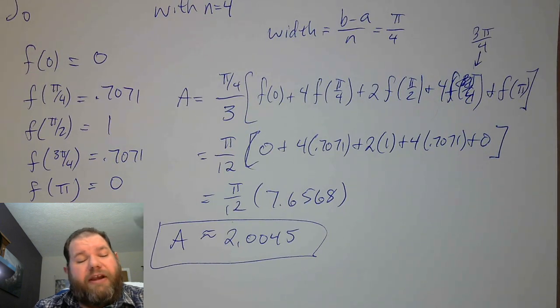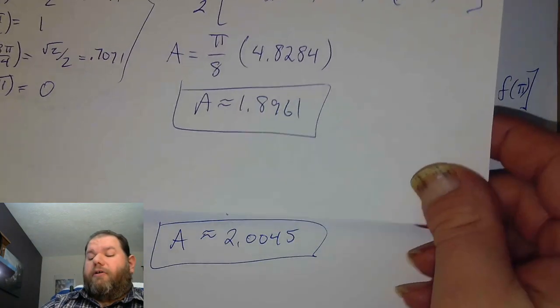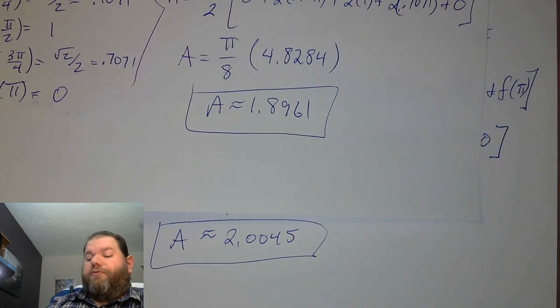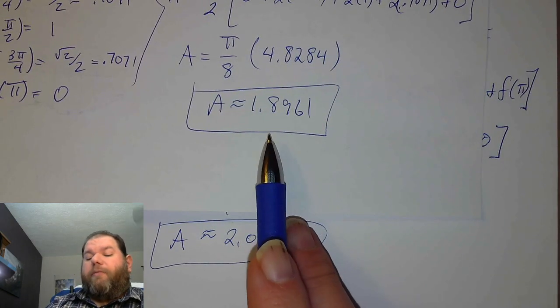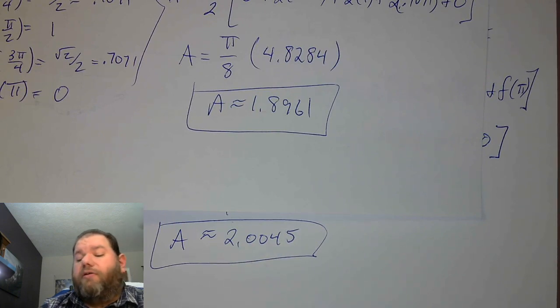And again, we can't really tell necessarily just by looking at the graph which way it's going to go. Simpson's rule is a lot closer to the value. So we found with the trapezoid rule, we were off by about 0.1. Here we're off by about 0.005, a little bit less than that, actually.